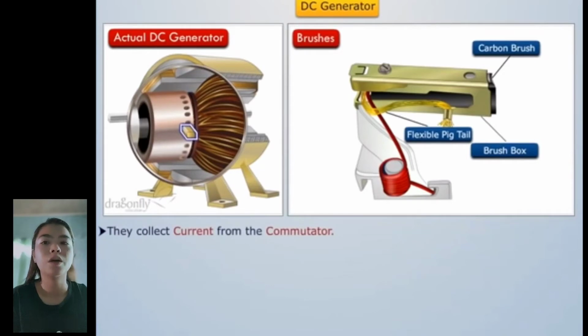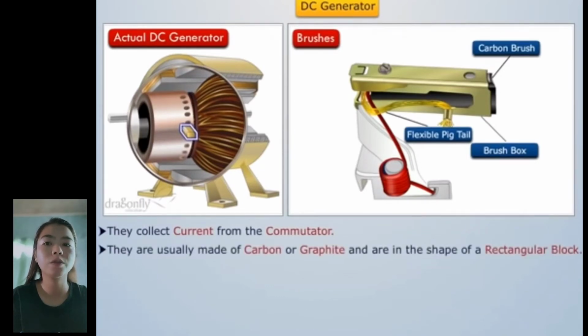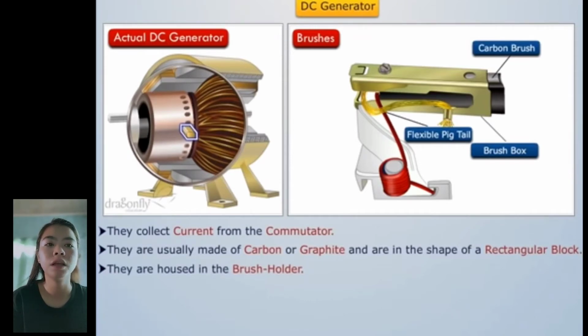Brushes. They collect current from the commutator. They are usually made up of carbon or graphite and are in the shape of a rectangular block. They are housed in the brush holder, which is mounted on the spindle. These brushes can slide in a rectangular box, which is open at both ends.